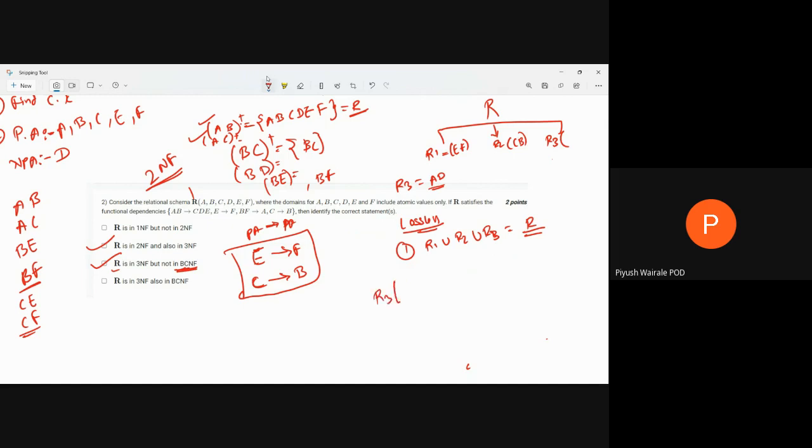So what are the remaining? A, B, C, D, E, F, right? So AD is remaining, but there must be some common attribute in order to satisfy the second and third conditions, right? Also these two functional dependencies must be preserved. In the case of BCNF, it is not guaranteed, but we'll try to preserve that.